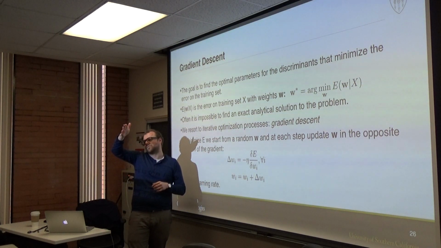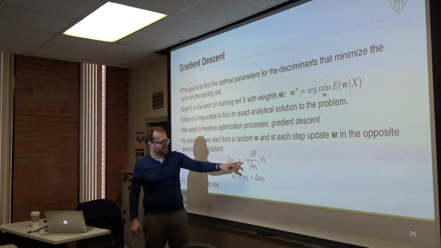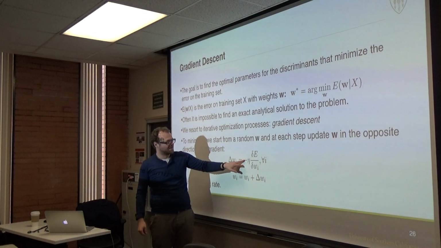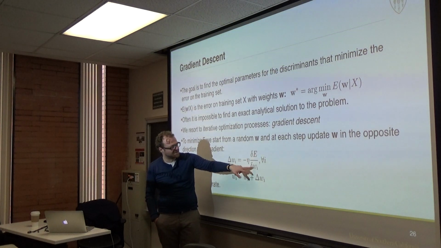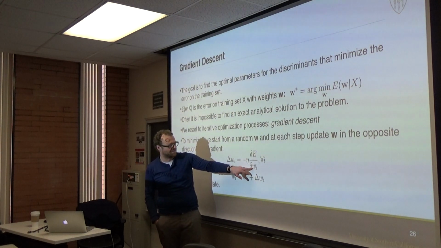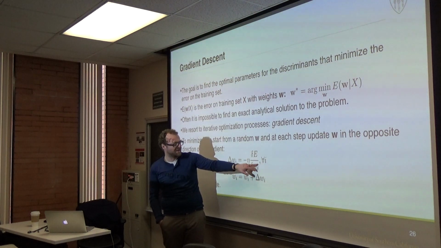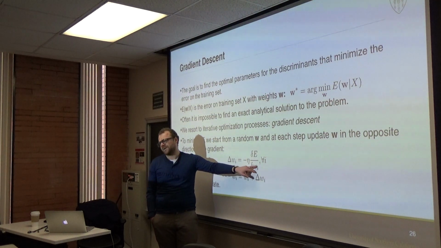And if you would actually walk up the hill with the gradient, you would increase the error. But if you walk down the hill, which is negative gradient, then you walk down the hill. And you walk down the hill with this minus here, so you basically take the error function and make the partial derivatives for each of these wi's.